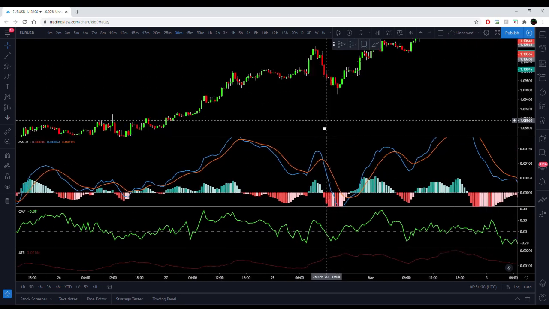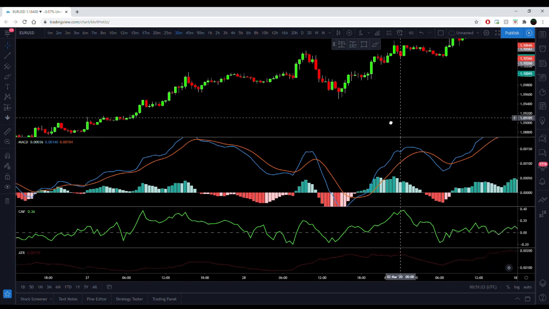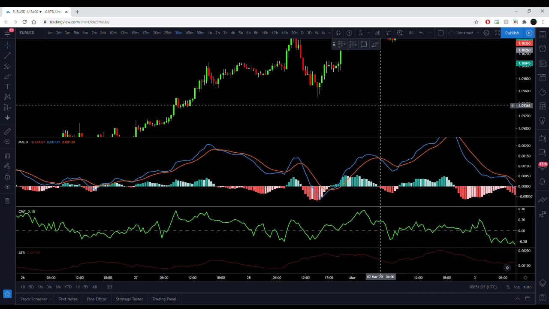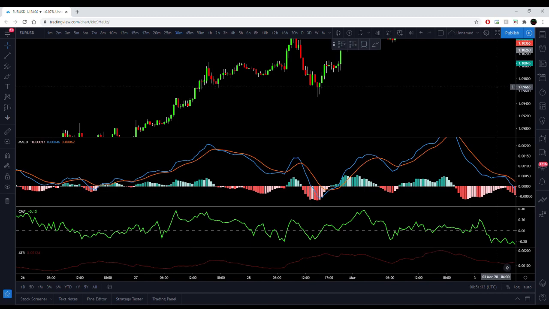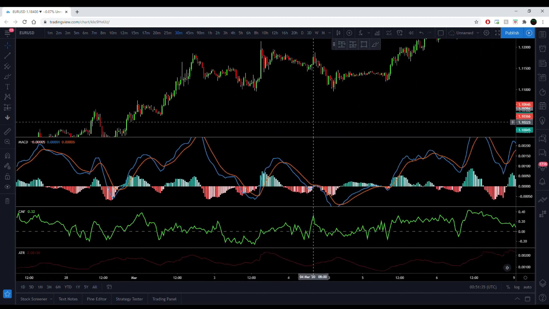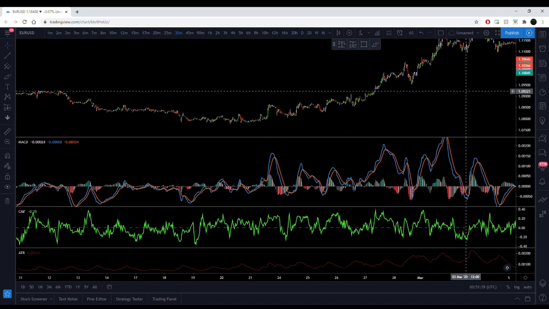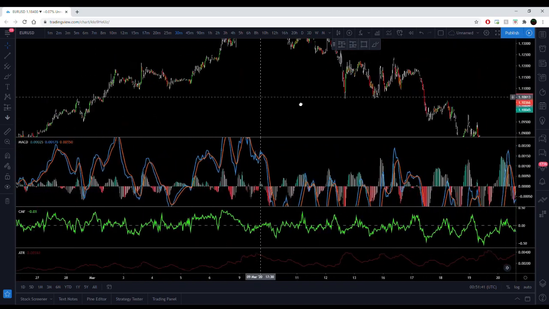So the strategy really follows the trend nicely. For those times where price is trading in a range, this Chaikin money flow should be able to help out with false signals, so it can kind of filter out some of the bad signals along the way.